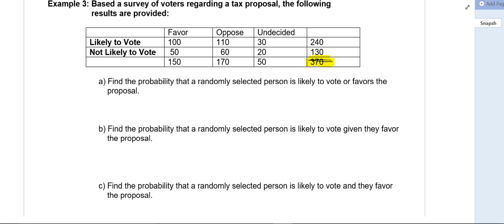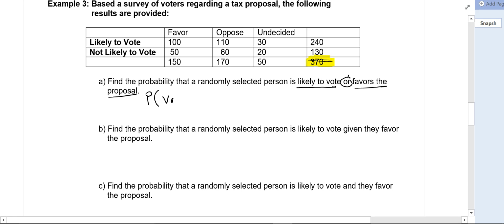Let's see, I think this is likely to vote or favors the proposal. Now this is an or. So the probability that you are likely to vote or favors the proposal is the probability you're likely to vote, plus the probability you favor the proposal, minus the probability that you vote and favor the proposal.